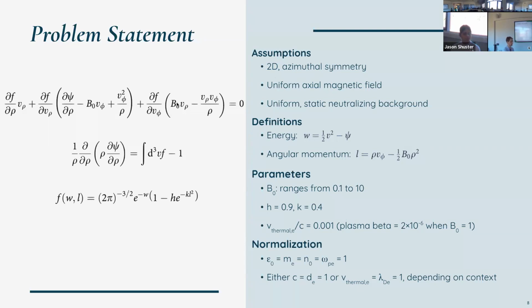We have this axial magnetic field, and we have a static neutralizing background of ions. And this has also been normalized to get rid of all those nasty constants. Down here, this is just the Poisson equation. It's electrostatic, so basically Maxwell's equations more or less reduced to this. This -1, that's the ion background. Here's our electron charges.